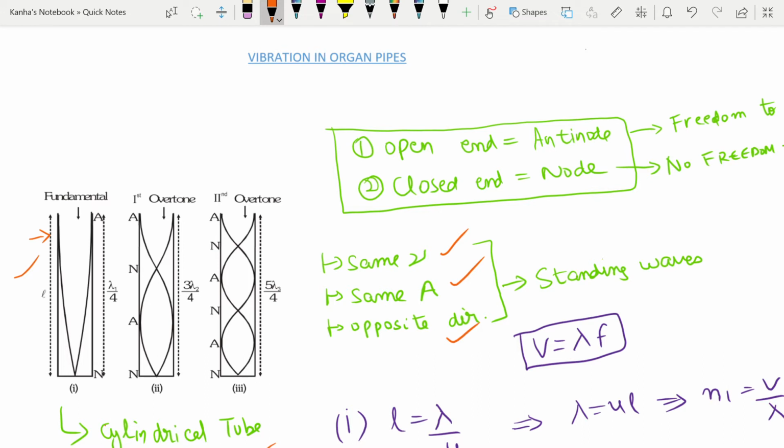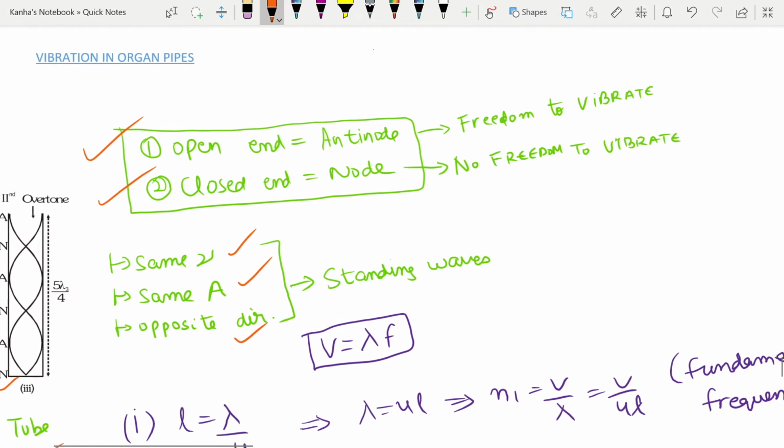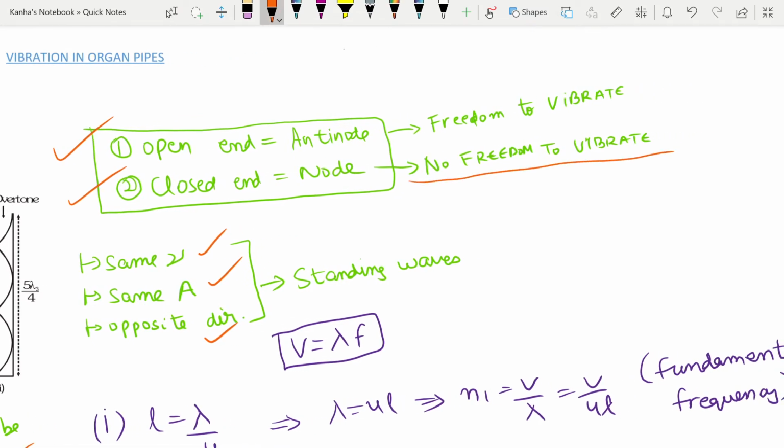Now the first case is when the tube is closed at one end. I have shown you 3 examples in which this end is closed. All you need to remember from these problems is that at the open end you will get an antinode, and at a closed end you will get a node. What does a node mean? It means that there is no freedom to vibrate.